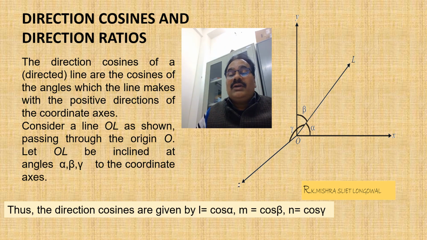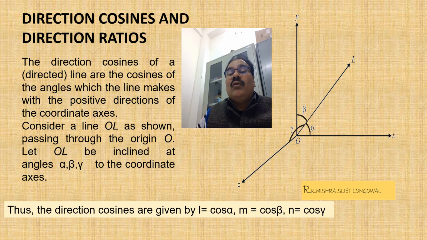Now let us come to the mathematical part related to 3D. First of all, we have to study direction cosines and direction ratios. The direction cosines of a line are the cosines of the angles which the line makes with the positive direction of the coordinate axes.